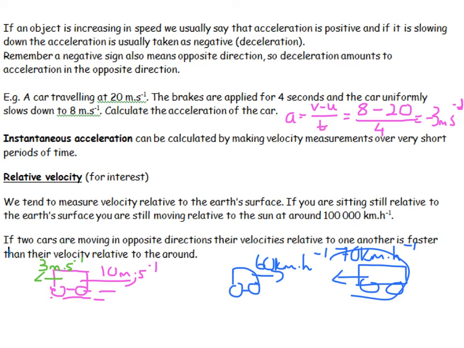But relative to each other, they are approaching each other at a speed that is those two combined. They will experience both their own forward velocity as well as the forward velocity of the other vehicle. So the bug car is traveling at 130 kilometers per hour relative to the box car over there. And if they were going in the same direction, let's say this vehicle was traveling in that direction, you would find that it would be moving away from this little bug car at 10 kilometers per hour.